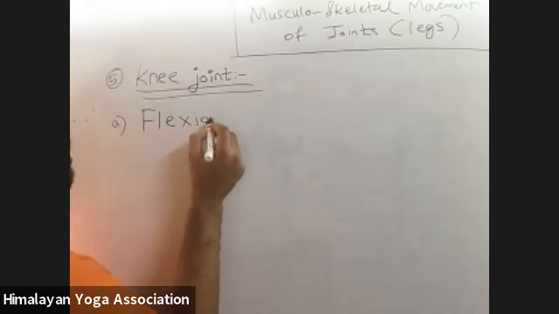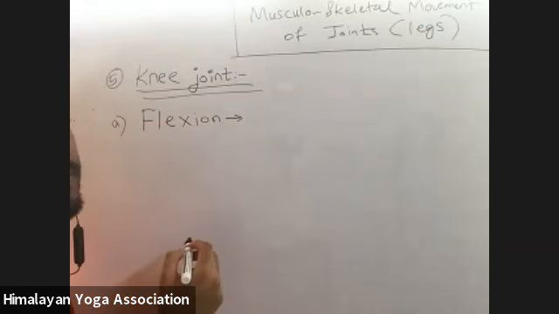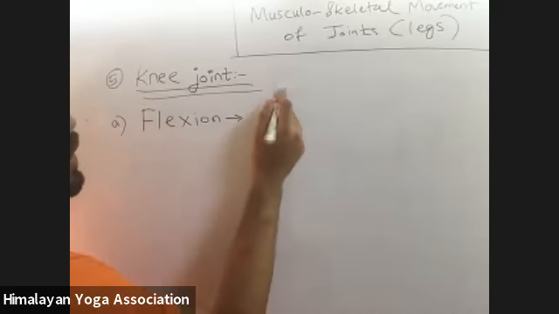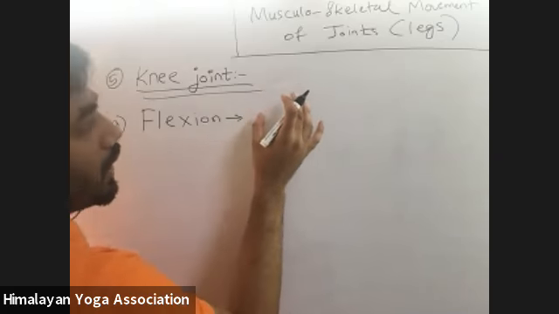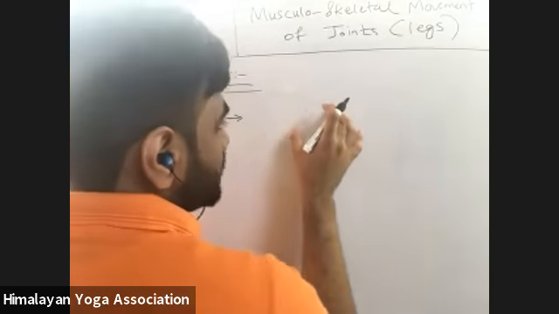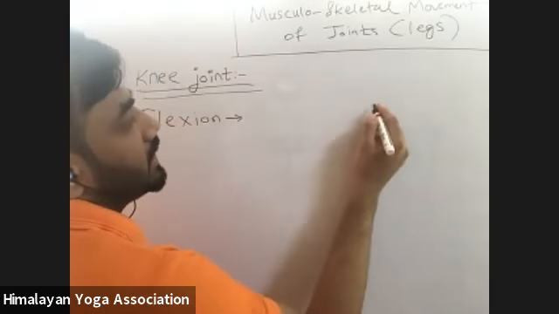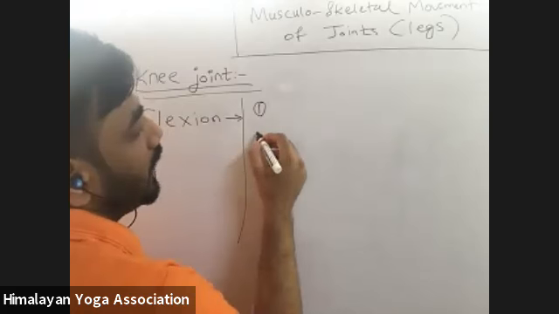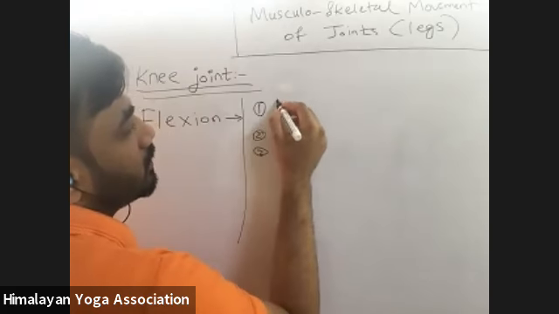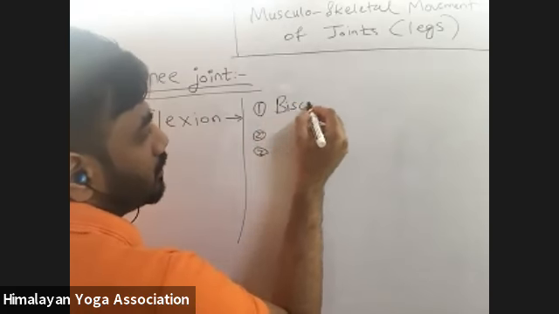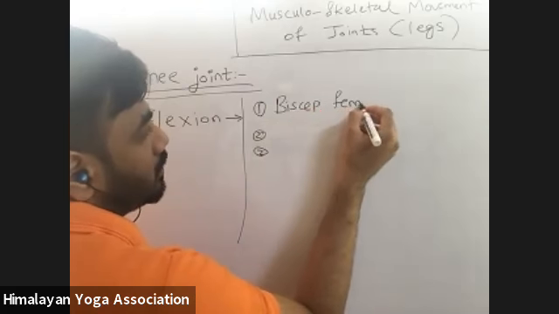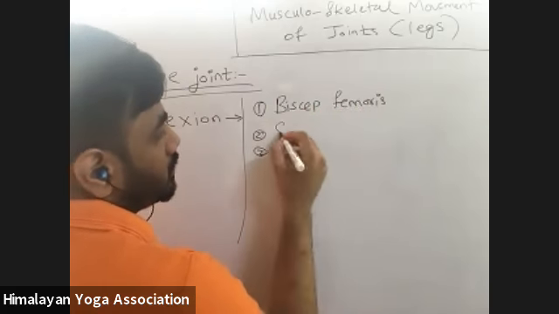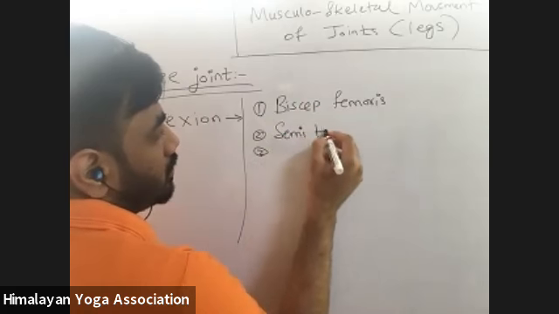Flexion, knee flexion movement. In the knee flexion movement, which muscles get engaged? You tell me the names of the three hamstrings. The three hamstrings that we have are semitendinosus, semimembranosus, and biceps femoris.